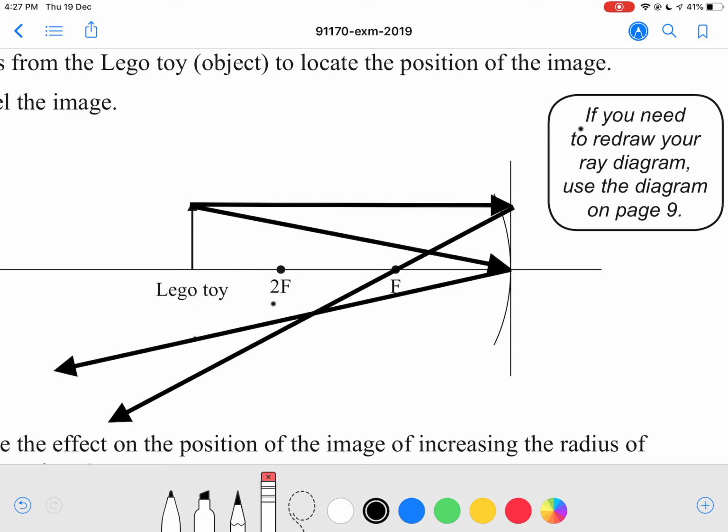Once again, I don't have a ruler with me, so I can't do everything perfectly, but the image should look roughly something like this. So just a rough image of the object. The image is formed when the two rays meet, which is somewhere right here.